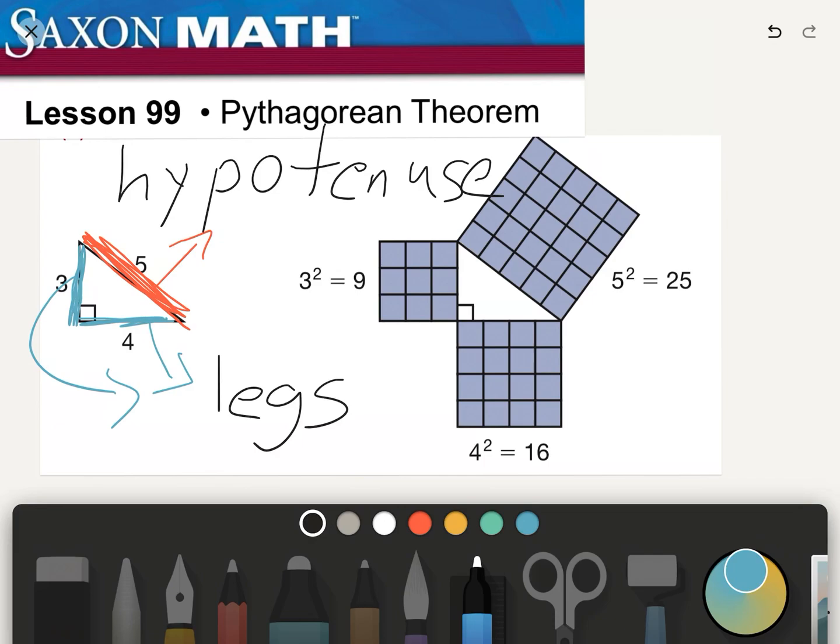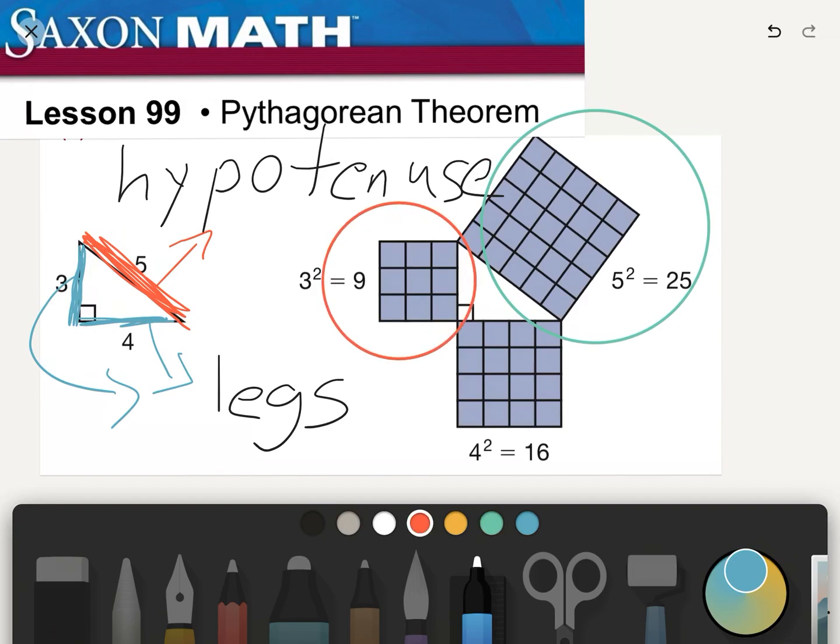So if we are looking at a right triangle and say trying to calculate one of the sides, we can use the rule that the area of the square drawn on the hypotenuse is going to be equal to the sum of the two squares created from the legs.